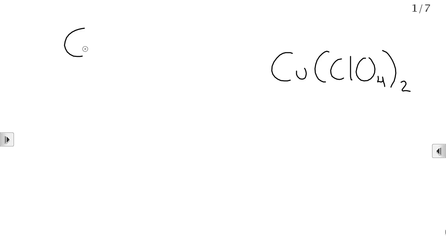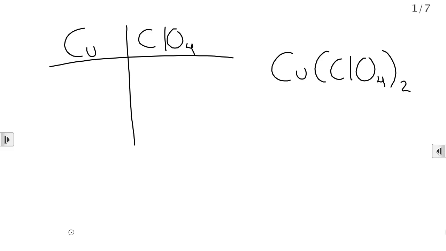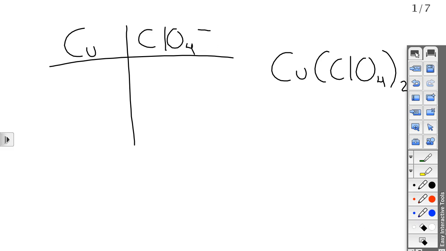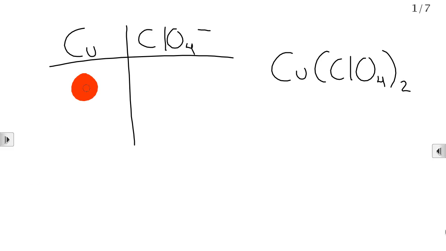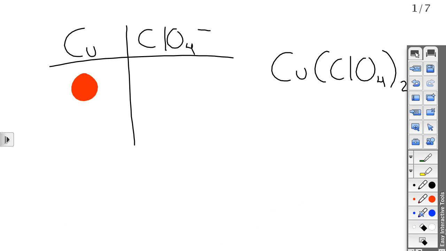So I have copper, and I have perchlorate. Now, do you already know the charge of perchlorate? Yeah, it's just 1 minus, right? So, looking at this formula, how many coppers do I have? Just 1, okay? How many perchlorates do I have? Okay.